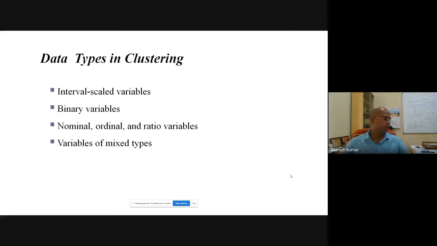What we mean is that all these variables are very much present in the data and widely used for prediction and clustering. Interval scale, as I just told you, is data like longitude or latitude, or data like weight and height. All these are interval scale variables.